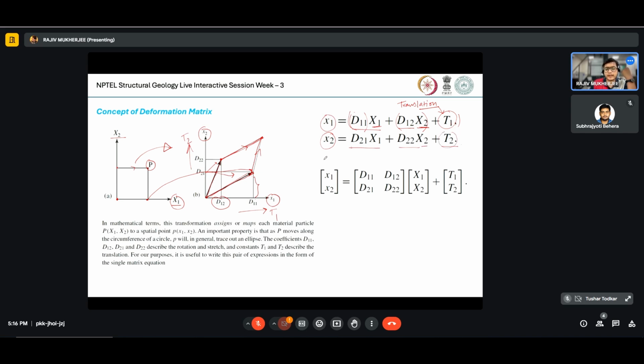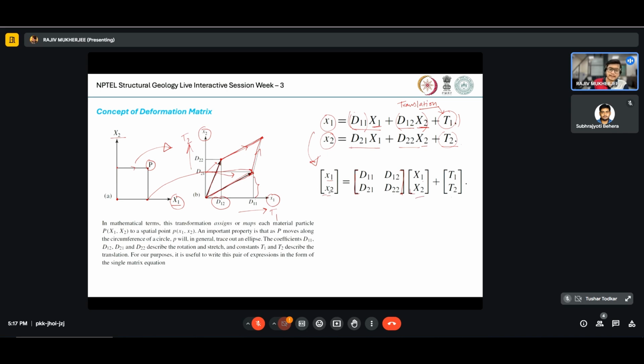So if we write this in the form of a matrix, we will get a column matrix x1, x2 resulting from a square matrix of d11, d12, d21 and d22 times another column matrix of capital X1 and capital X2 plus this one.